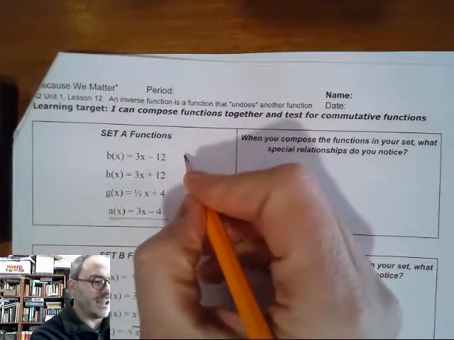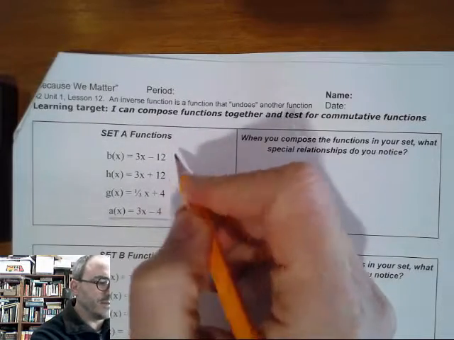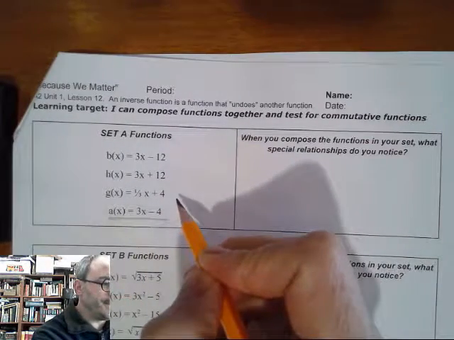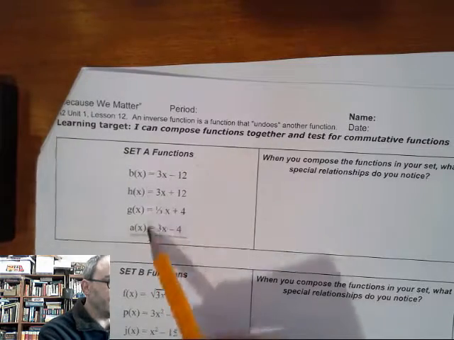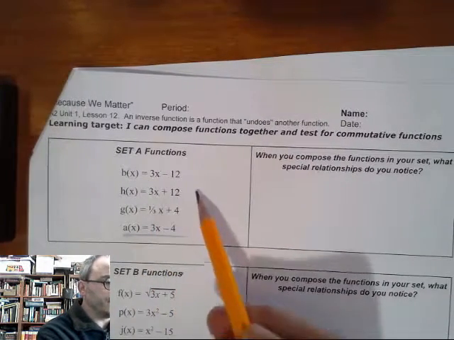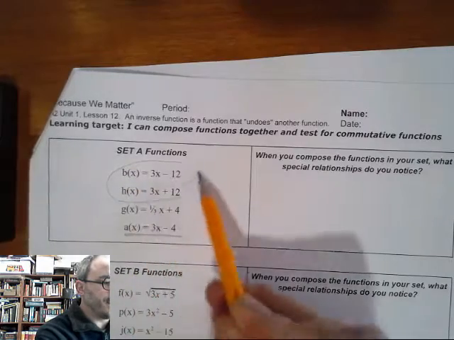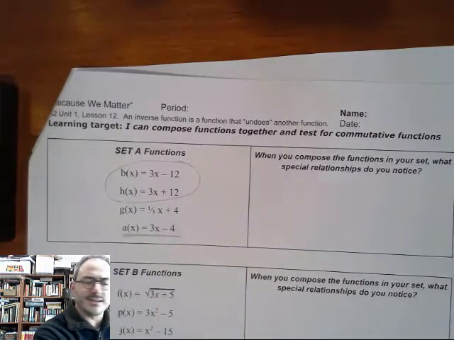I want to compose, how about I just compose these 2? I already composed the G and A. Oh, I did A and H. I did A and H just now. Let me compose these 2. The B of X and the H of X, all right?